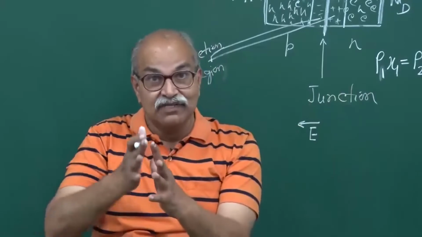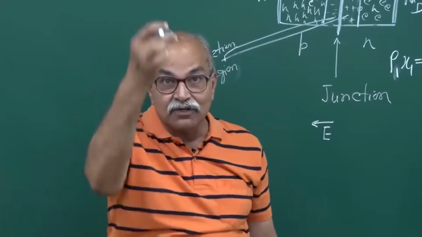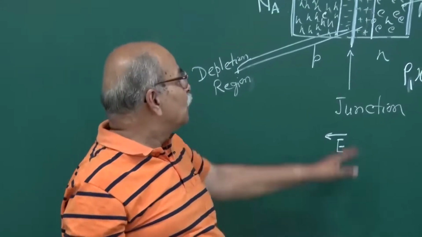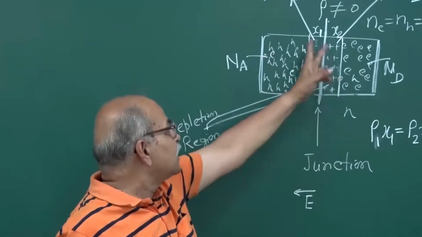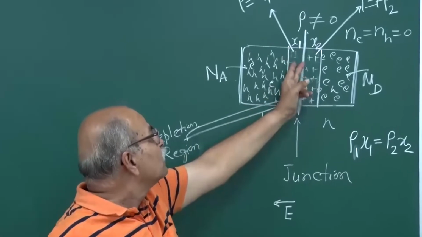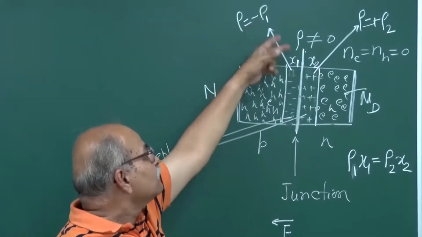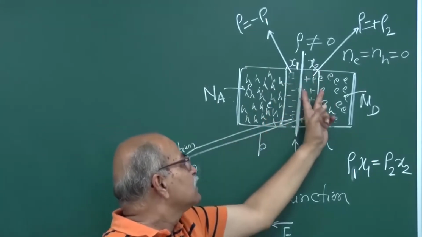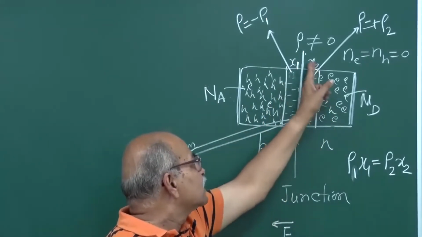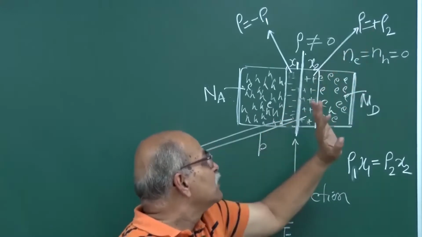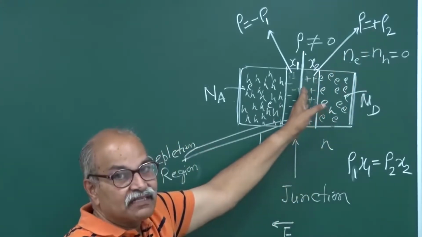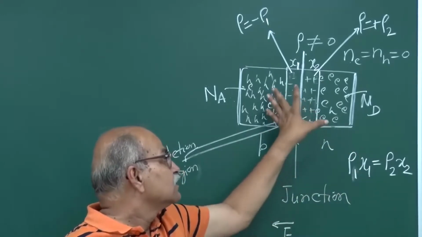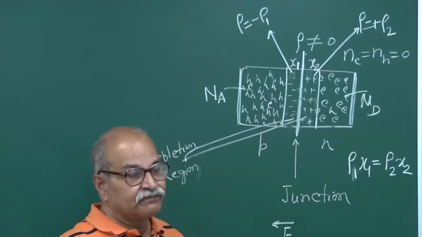On one side you have P, on the other side you have N. So I am drawing a line, it is in fact a surface area. So that surface area times x1 will be the volume. Volume times charge density rho 1 will be the negative charge, and similarly this area times x2 is the volume multiplied by rho 2, that will be the positive charge, and they should be equal in magnitude and opposite in sign, so that the total is 0.